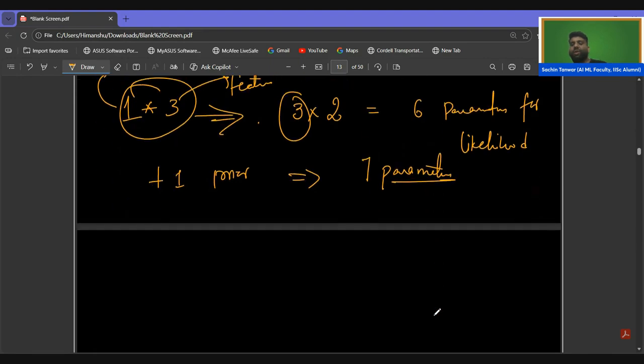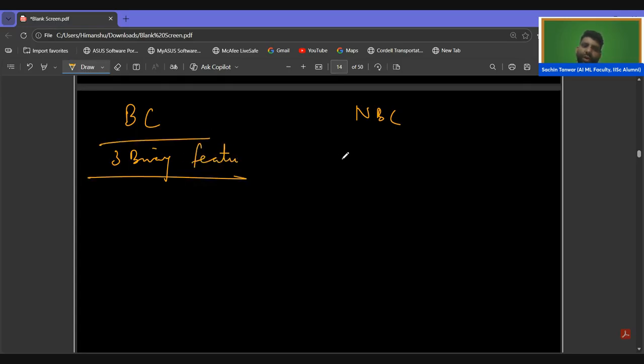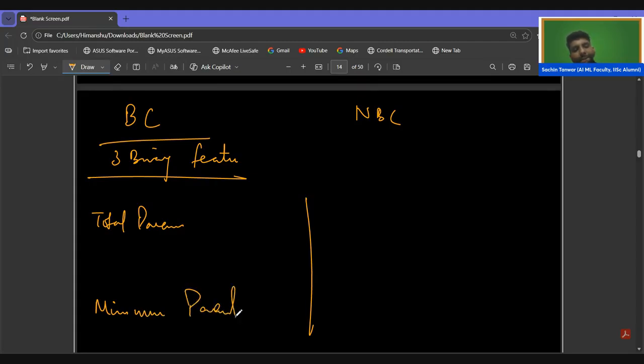Okay, so I'll just write it up once again. In short, same problem, 3 binary features. I'll write the total parameters and minimum parameters. Over here, I hope you remember this was 18 and this was 15.